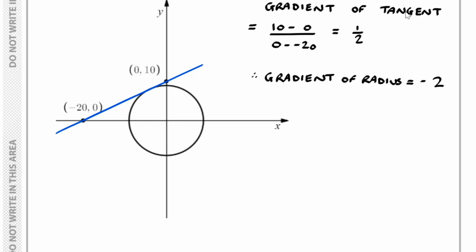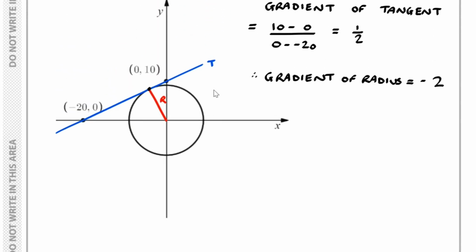Now, what we'll do is we'll show the equation of the radius over here. So we'll call this R and we'll call this T. What we'll do is find out where the radius meets the tangent.